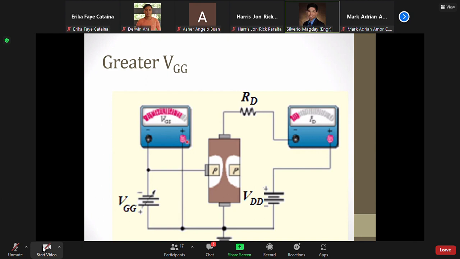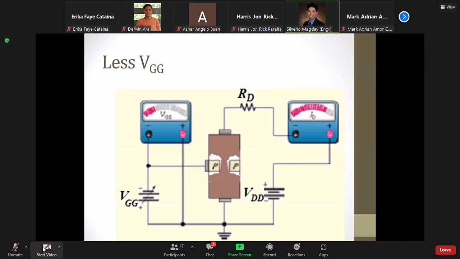Kung tinitignan natin, it will narrow yung channel. So parang less na yung depletion region, so magkakaroon ng mas pasok or flow of electrons. While less VGG will widen naman yung channel. It will widen the channel and increases now your current ID for the conduction.